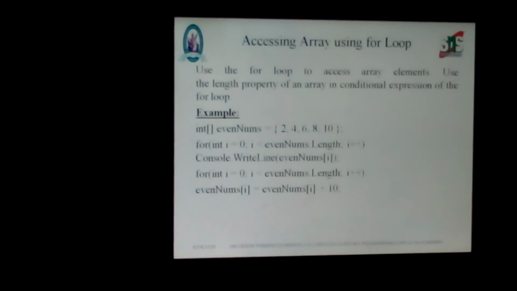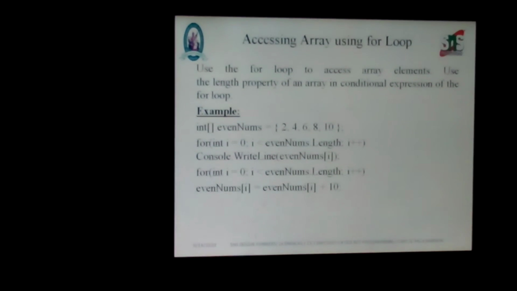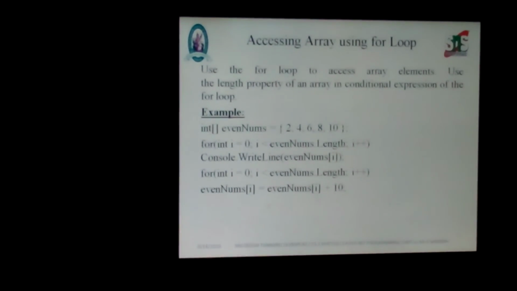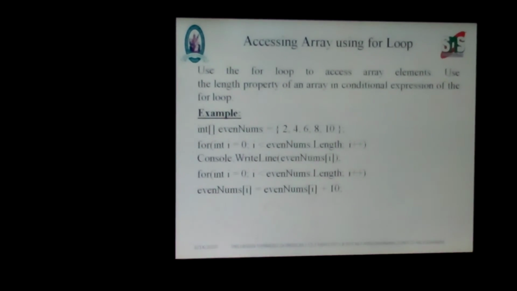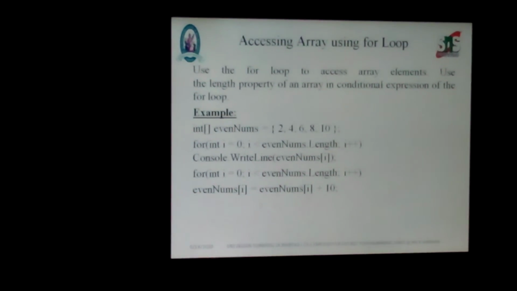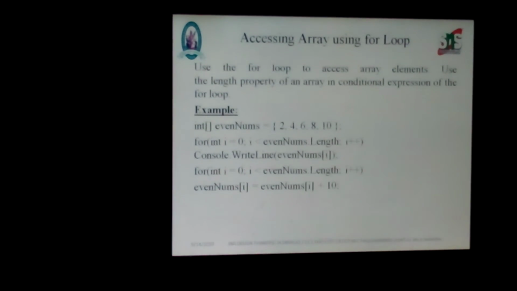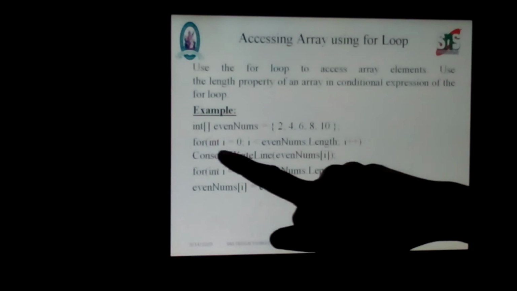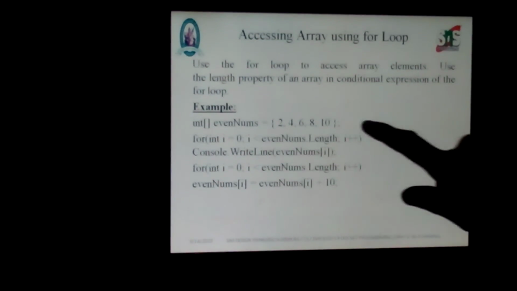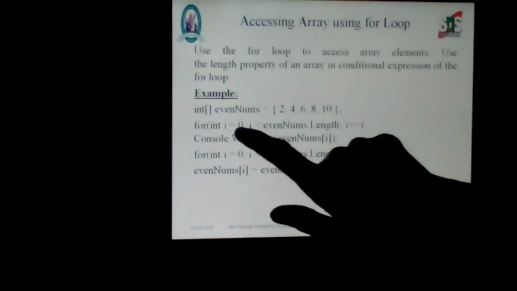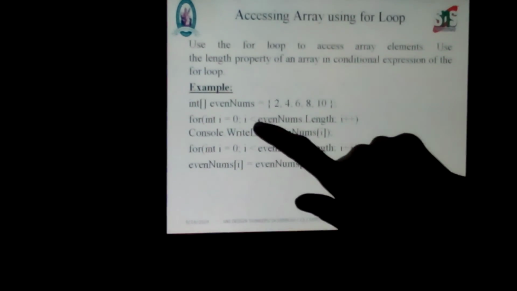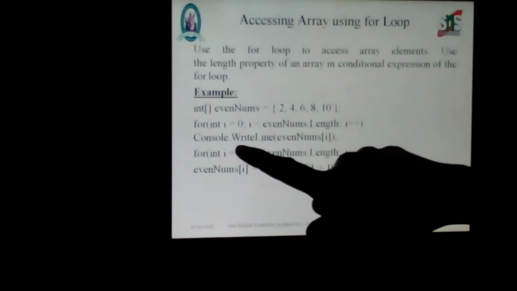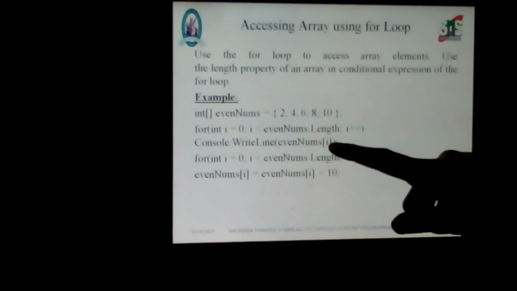Now let us see how to access an array using for loop. For loop to access array element. Usually if you want to process multiple elements, for that we are going to use looping concepts. So we can use the Length property of an array in the conditional expression of for loop. So here we initialize int evenNumbers, and then for loop initialization i equals 0, and then condition, and then i++ increment. Console.WriteLine(evenNumbers[i]).